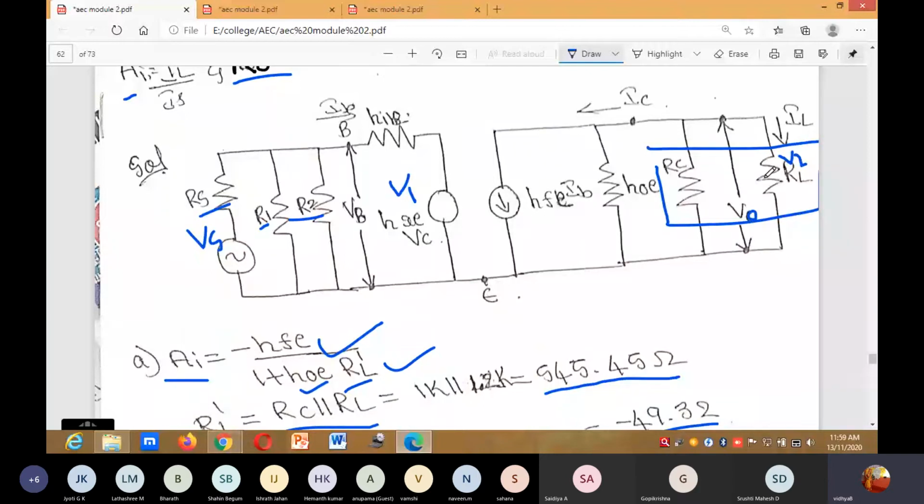The output side voltage is V0, and this is VB and this is Vs. V0 divided by VB, VB divided by Vs. They have split the voltage.